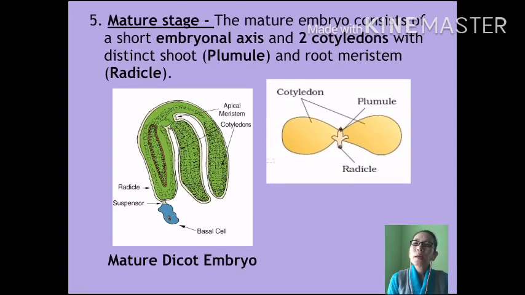So, in this way we understand that the embryo development in dicot plants includes stages such as the two-cell stage, proembryo stage, globular stage, the heart and torpedo shaped stage, and finally the mature stage.